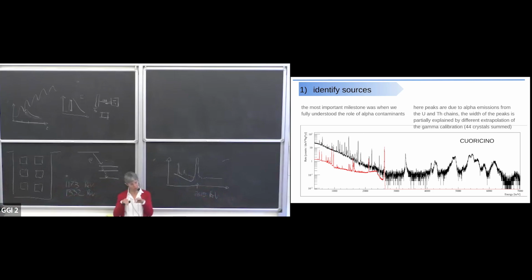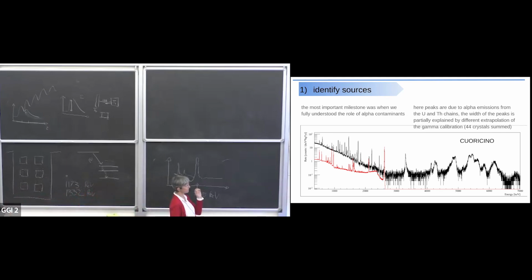And the same happens also for the same crystal, because I collect data in different runs. Each run that lasts, for example, 15 days has its own calibration. And then I have to sum calibrated spectra, and again I have the same problem of extrapolation.